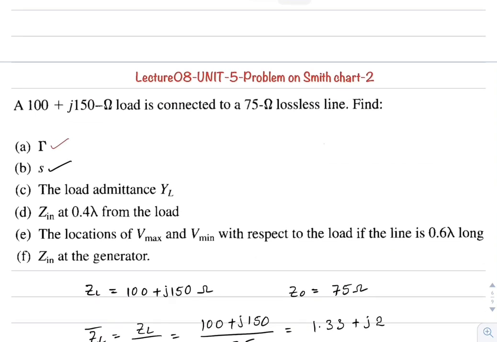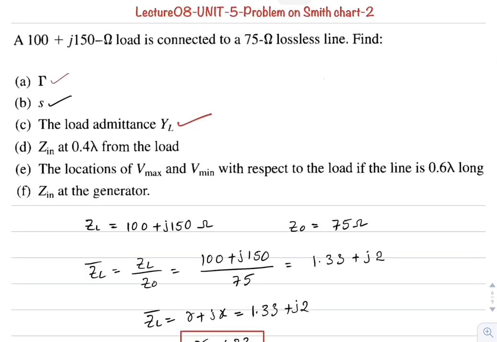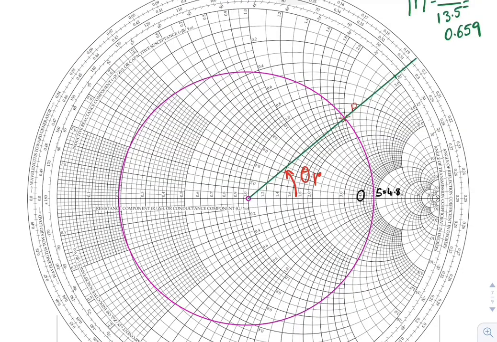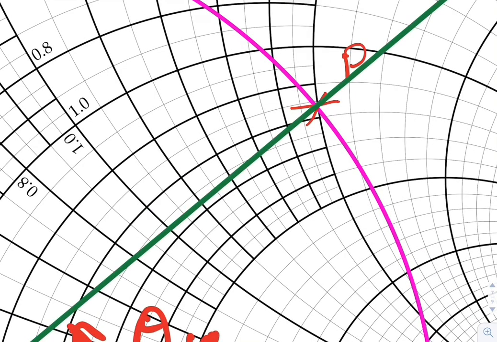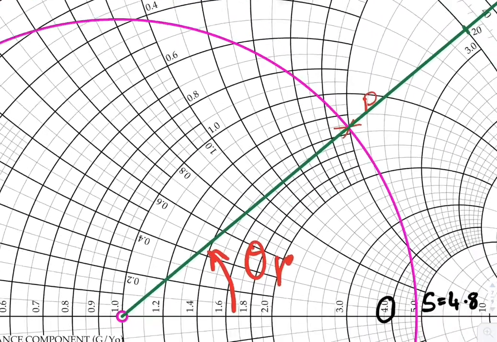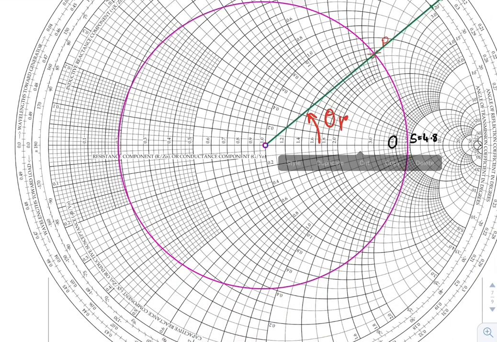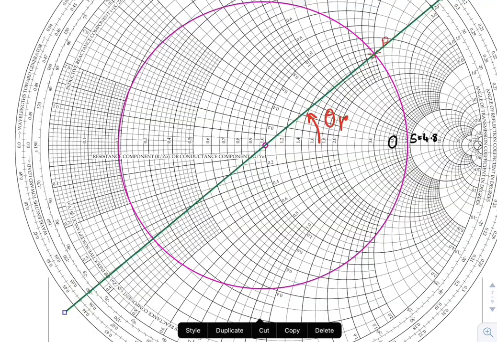Next we need load admittance YL. In the previous problem we calculated load impedance. Now we are going to calculate load admittance. On the Smith chart we know that this point P is our normalized load impedance. In order to get normalized load admittance, you have to extend this line in the other direction. Let us call this point of intersection P dash.